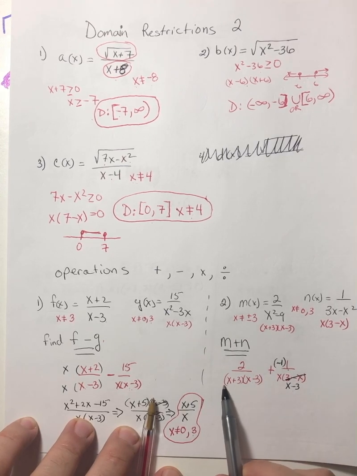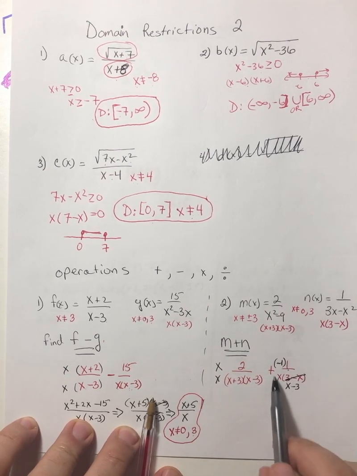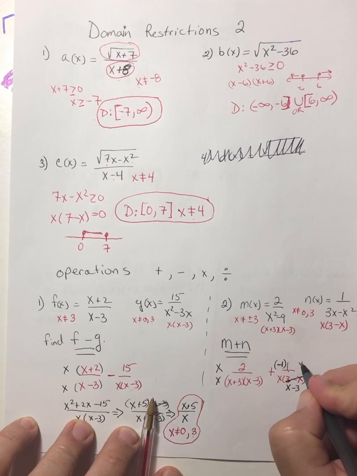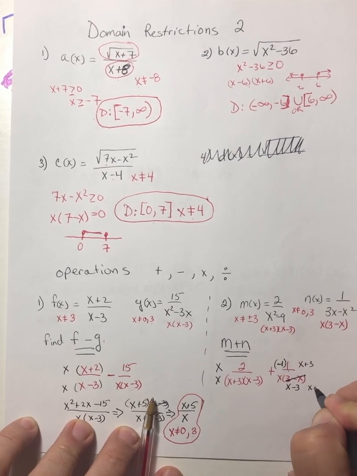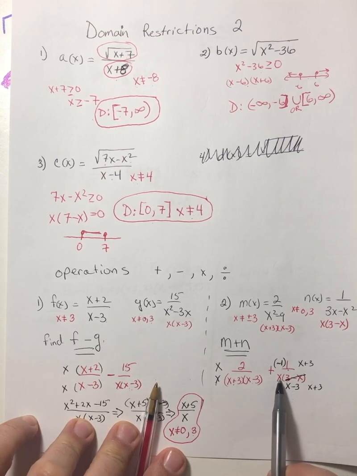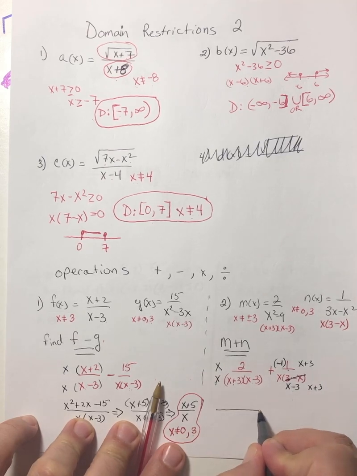This is missing an x. What's missing over here? That's right, it's missing the x plus 3. So our common denominator is x plus 3, x minus 3. See it? x plus 3, x minus 3. So that's our one denominator.